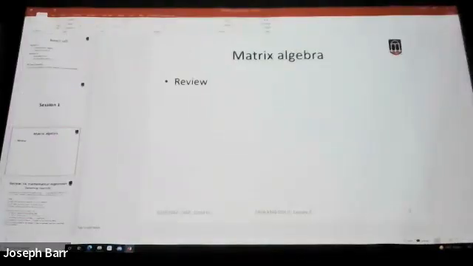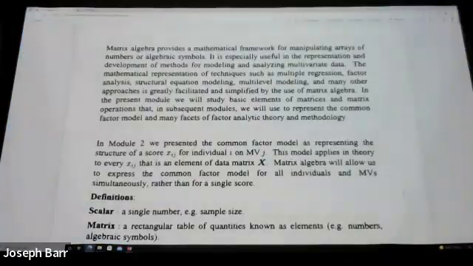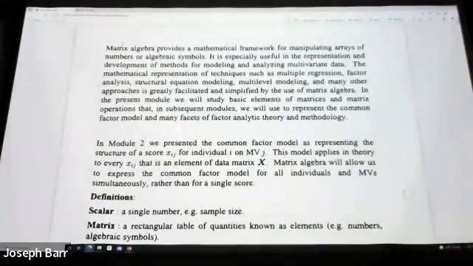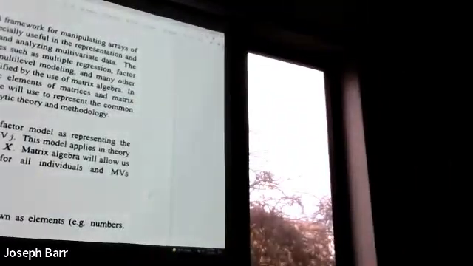So first, let's have a review of the matrix algebra. I have already uploaded a document to ELC, so let's go through it together. We have a document called matrix algebra. It's different from the document we used for SEM1, but this document is also very helpful.